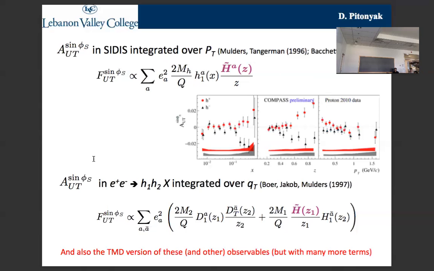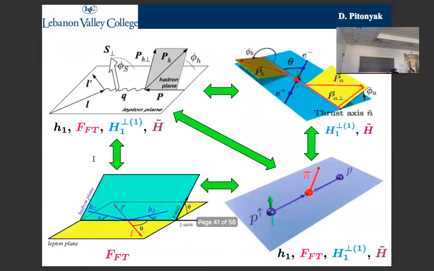There's an additional term here that vanishes in Sidis because of time reversal constraint, which it doesn't in E plus E minus. That's why we have 2 terms there. So we can actually stick H tilde in here in Sidis and E plus E minus, and now all of a sudden we have the same function showing up in all 4 of these different types of observables. Okay, and this is where we're getting at now towards a global analysis of all of these observables.